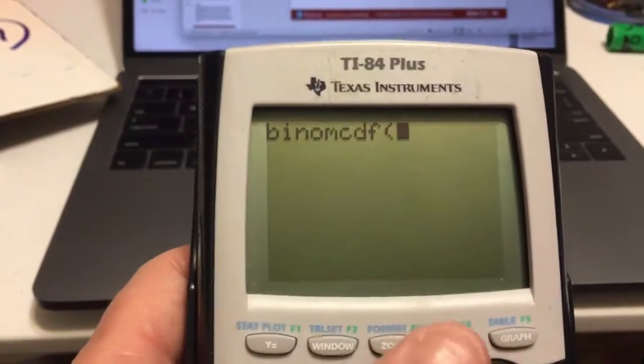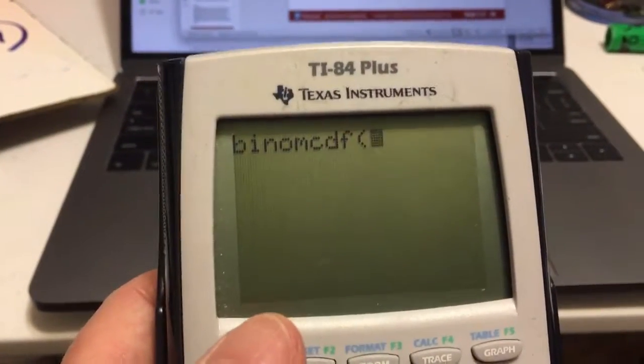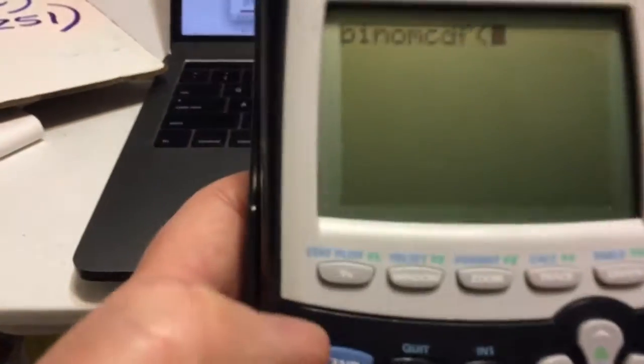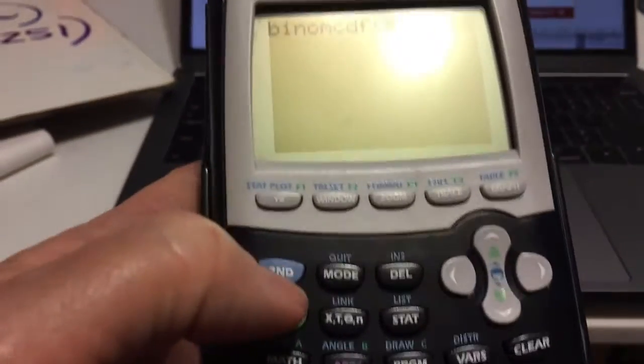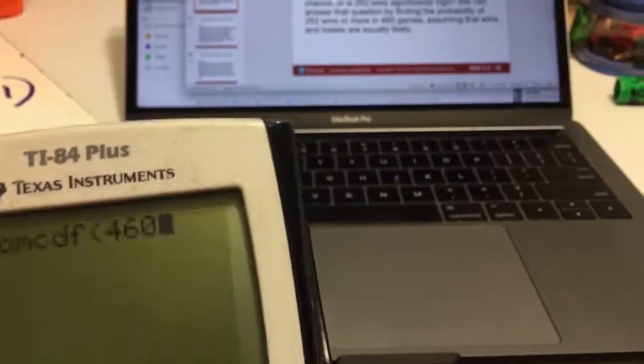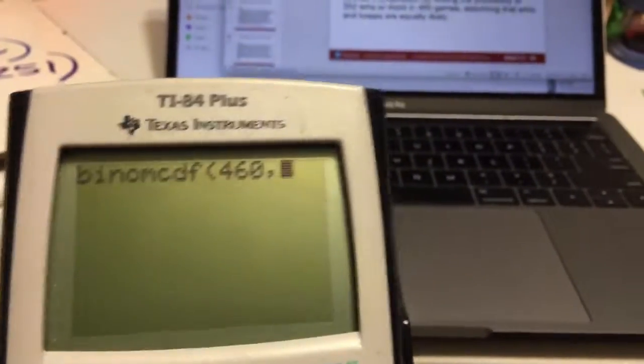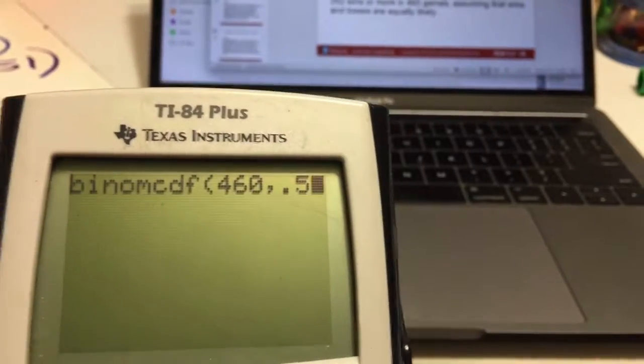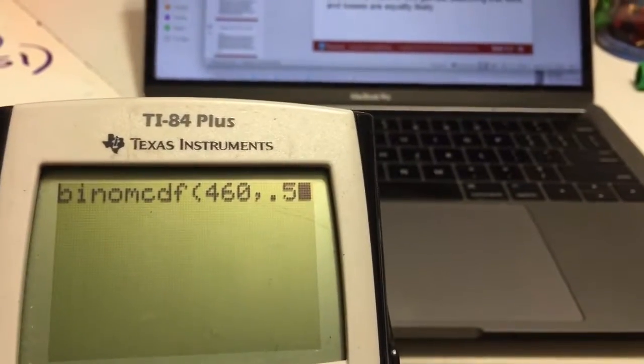So remember, the first number is going to be the total, which in our problem says it's 460. So we're going to put 460 in here. And then a comma. And then the 0.5, because remember we're flipping a coin and it has a 0.5 probability.